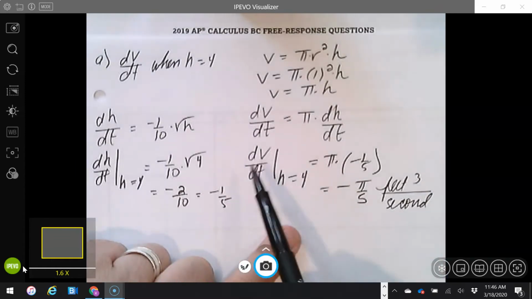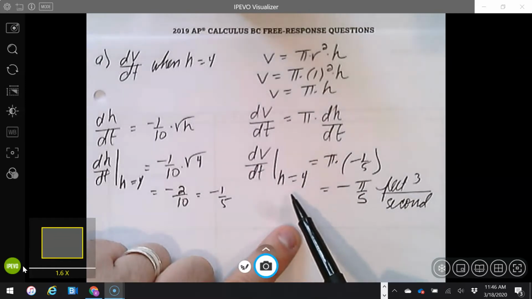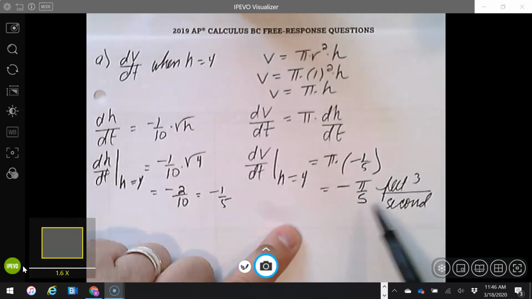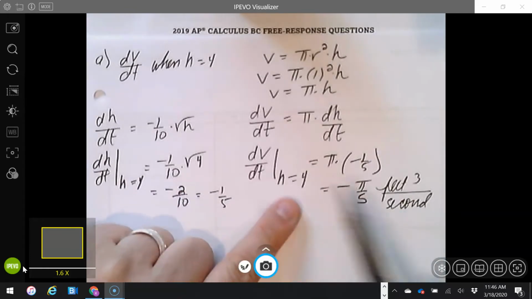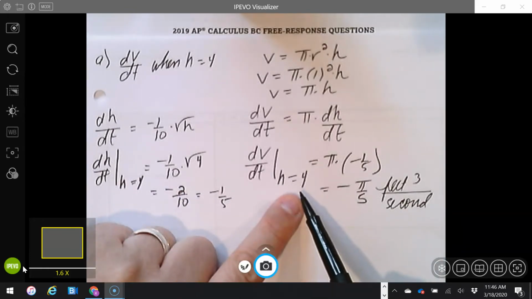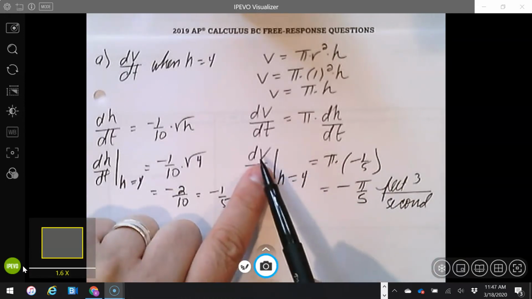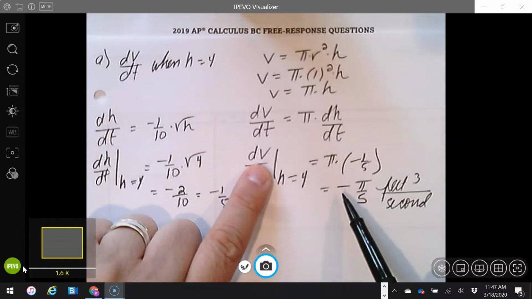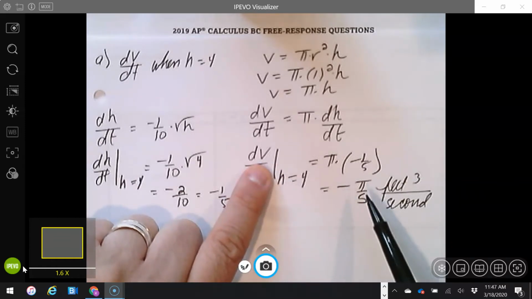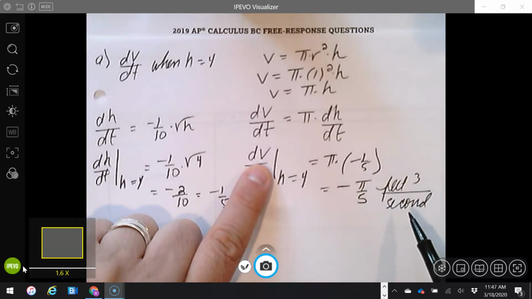So this would tell me that dV/dt when h is equal to 4 is negative pi over 5 cubic feet per second. What that would mean is that when the height of the collected rainwater is 4 feet, the volume is changing. Well, specifically, it's decreasing at a rate of pi over 5 cubic feet per second.